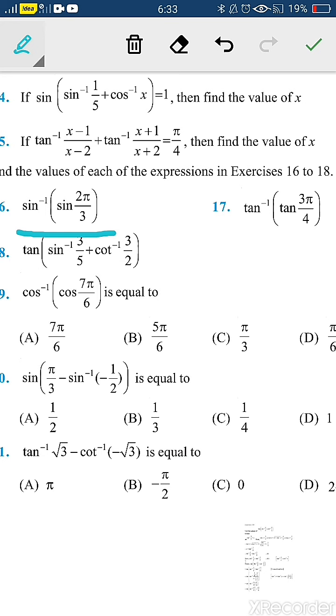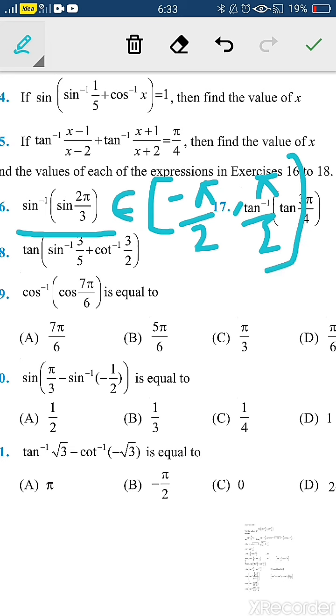If you put sine inverse and sine, they cancel, and the answer should belong to the principal value branch, that is, between minus pi by 2 to pi by 2. This is our question. But 2 pi by 3 does not belong to this, right? So how will we do it?